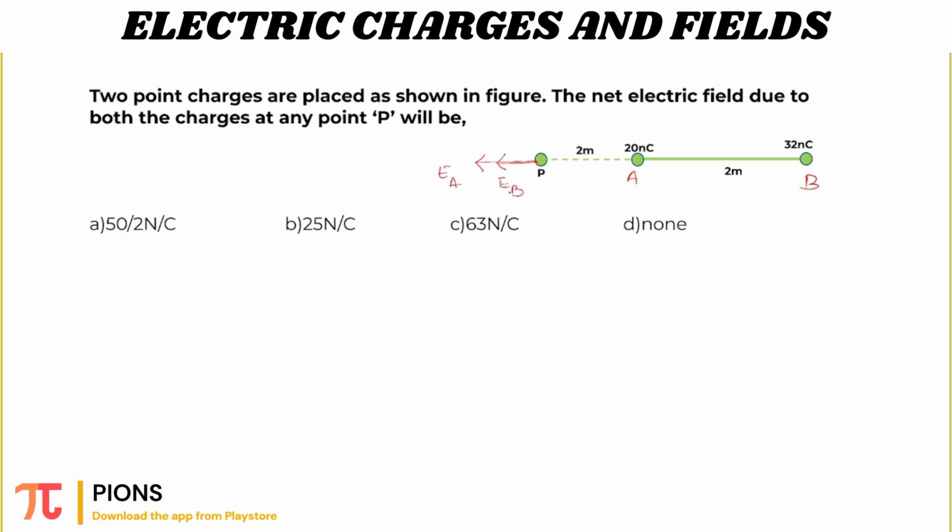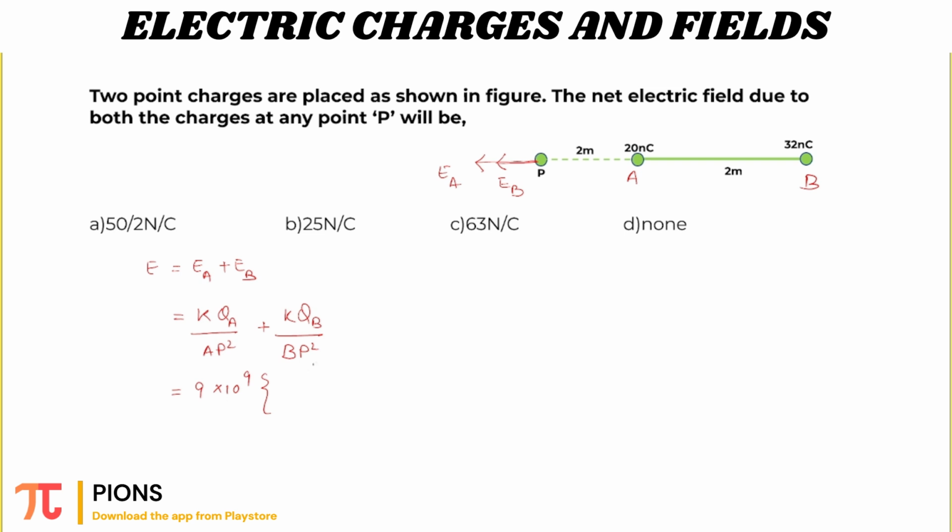Now since they both are pointing in the same direction, the net electric field E must be equal to EA plus EB. And EA is nothing but K times charge on A upon separation AP squared, plus K times charge on B divided by BP squared, because the separation is BP. Now K is common in both of them. So let's write here 9 into 10 to the power 9, that's the K value.